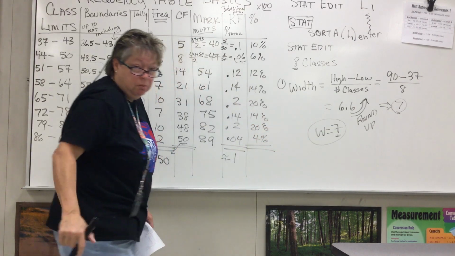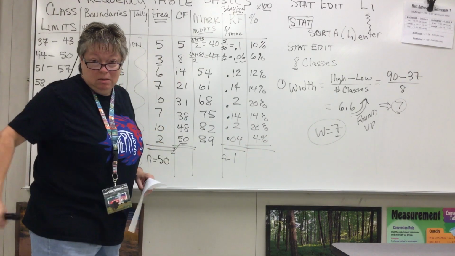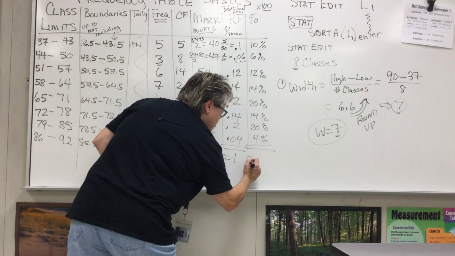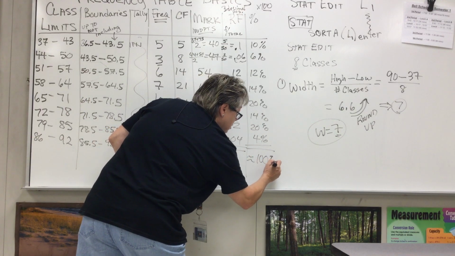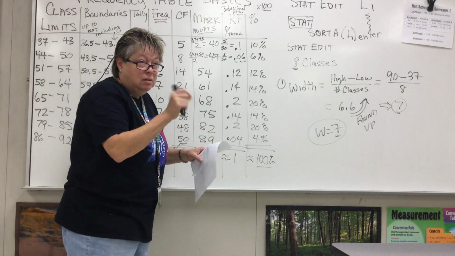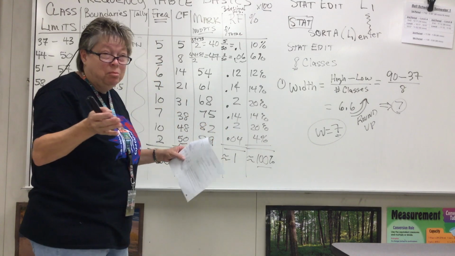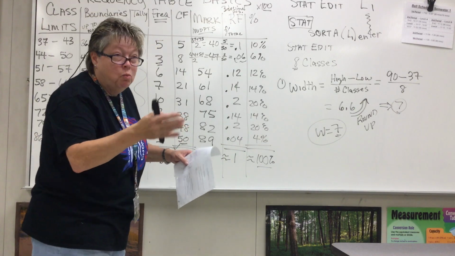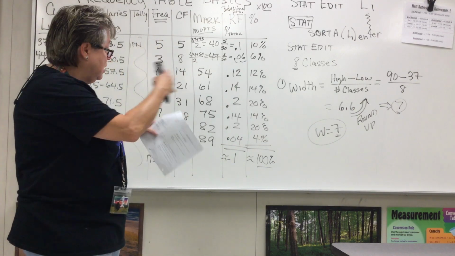If I want to check my work, what should that column add up to be? I bet you got it. It should be close to 100%. And again, 99.9 is what I mean, sorry, or 100.1. Sometimes that happens because of our rounding.